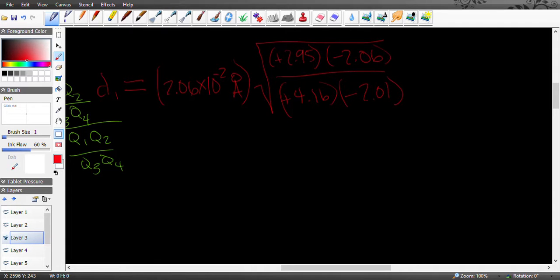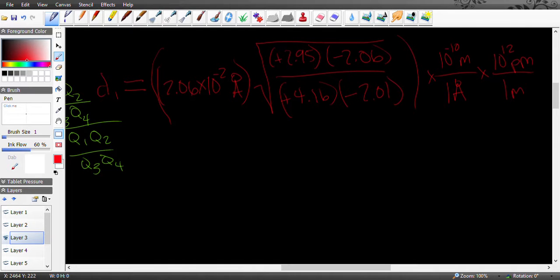Since we know we're going to picometers, I'll take this whole thing here, just to save myself a step, and do it all on the calculator. 1 angstrom is 10 to the negative 10 meters, times 1 meter is 10 to the, what is it, 12? Yes, 10 to the 12 picometers.